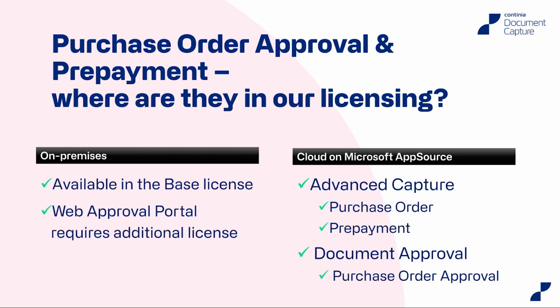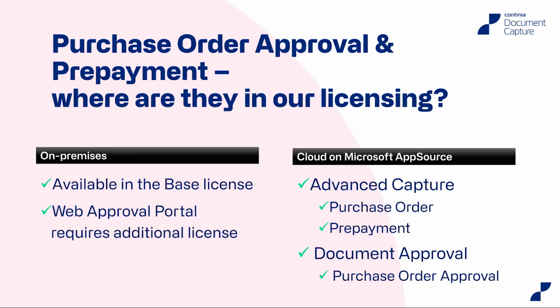And if you want to approve the purchase order, then you must also choose the document approval feature module. And I guess that was quite it for my part. I think that should be very clear that there is no new additional prices. All the features are added to our existing licensing. So with that cleared out, I want to hand the word and maybe also the screen back to you, Mikkel.